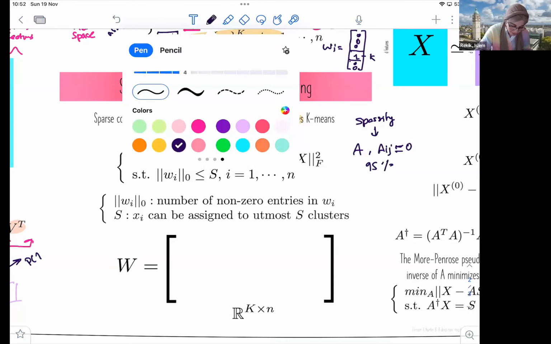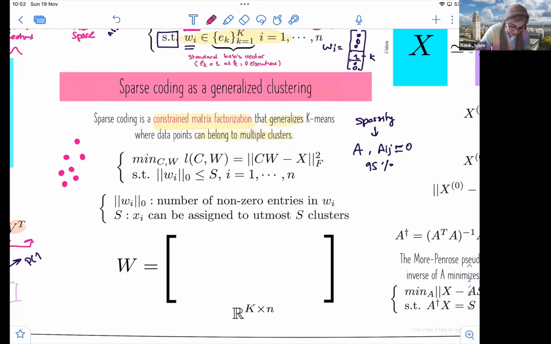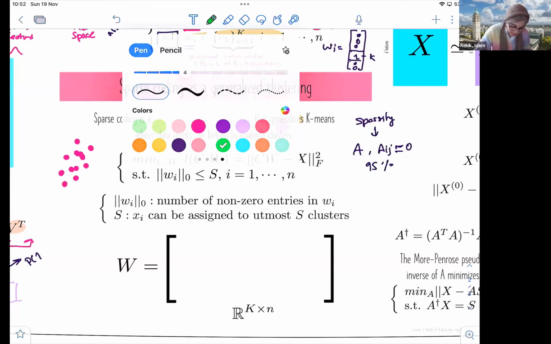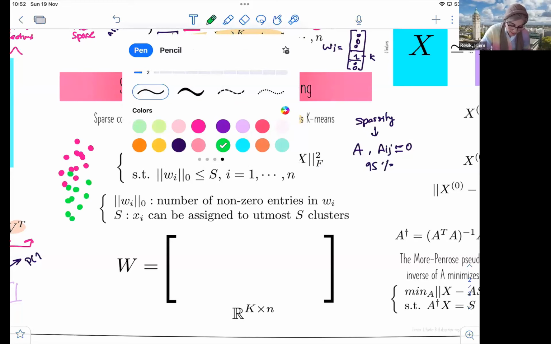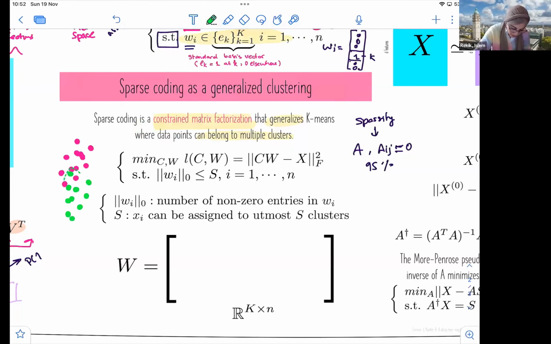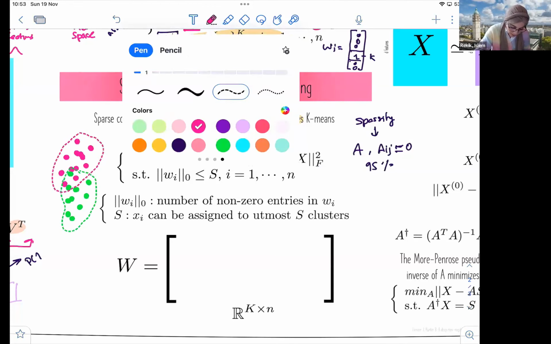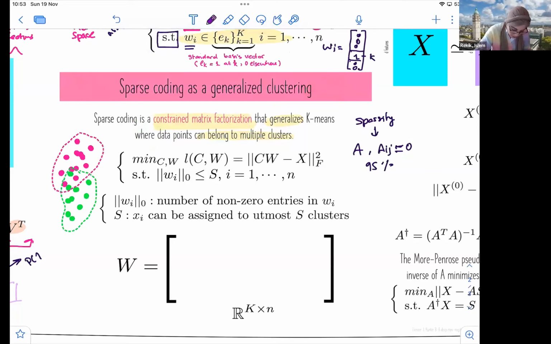For example, if I have this first cluster and I have this second cluster, like that, and this point right here belongs to both. So it should belong to the centroid of the pink cluster and the centroid of the green cluster. How are we going to do that?